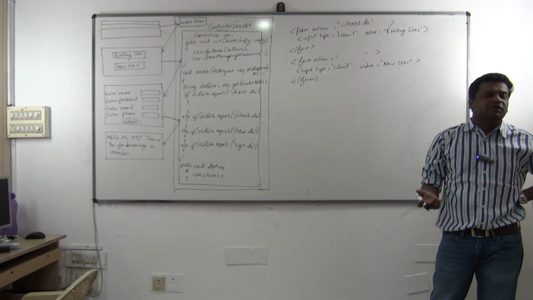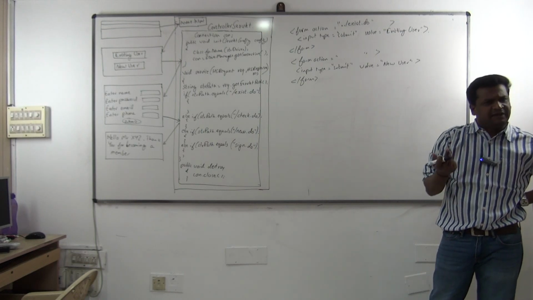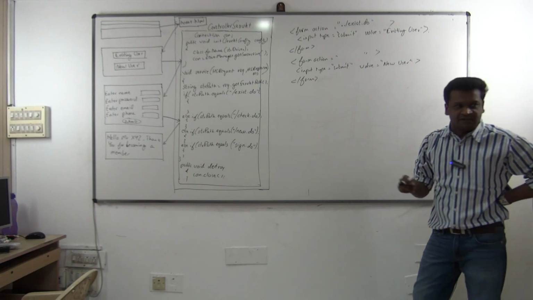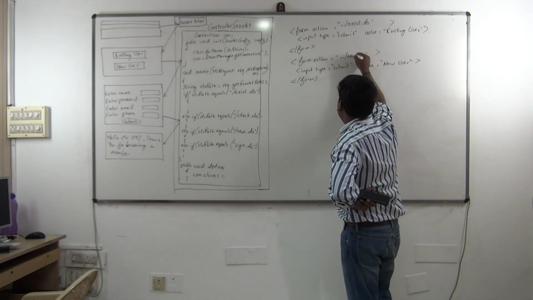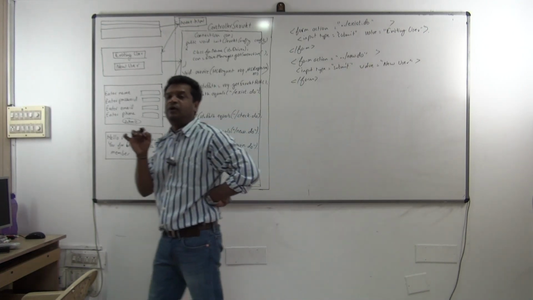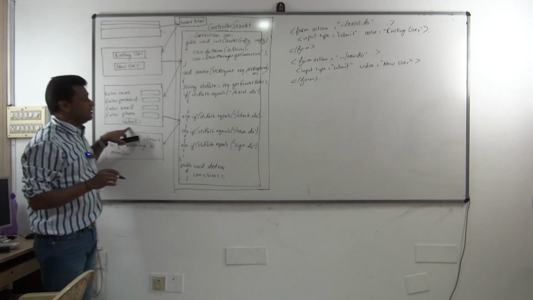Supposing if I want, I can give dot css, meaning cluster software solutions, any extension, but give it as dot do. That is very important for us. See this now. Here I will give dot slash new dot do. Everywhere you'll start giving dot do. Here, supposing I submit, you have to verify now.